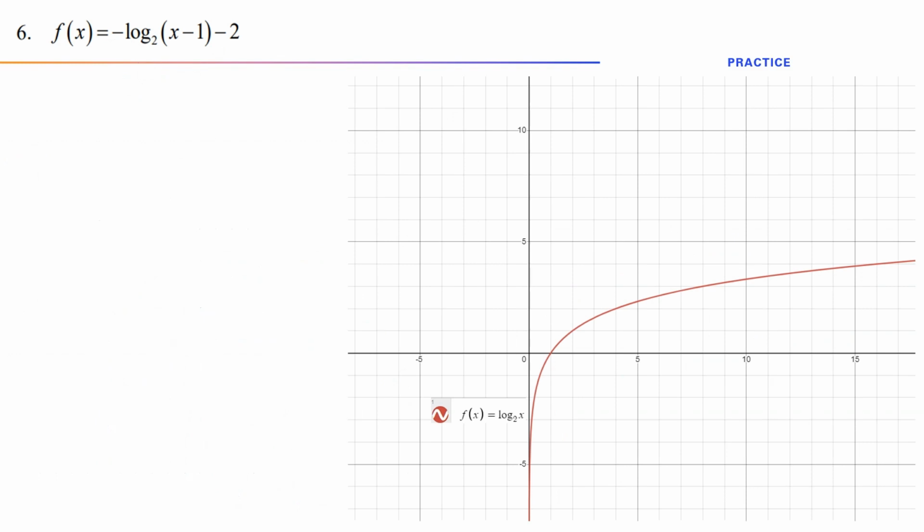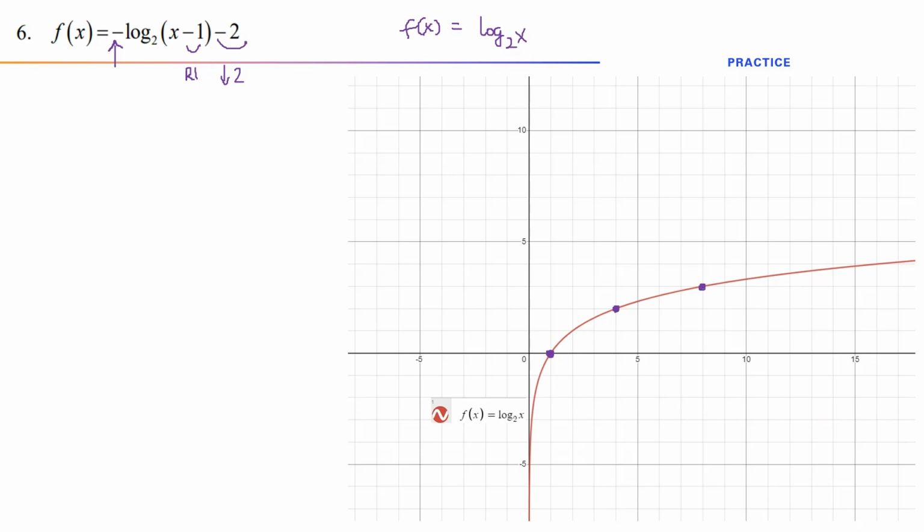Alright, so for this one, parent function f of x equals log base 2 of x. And then we move down 2 units. We move to the right 1 unit. And then we flip. So right here, we have 1 point. Right here, we have another point. Right here, we have another point.